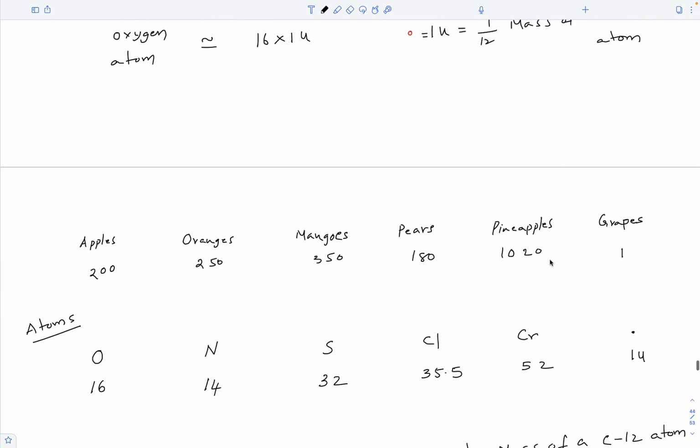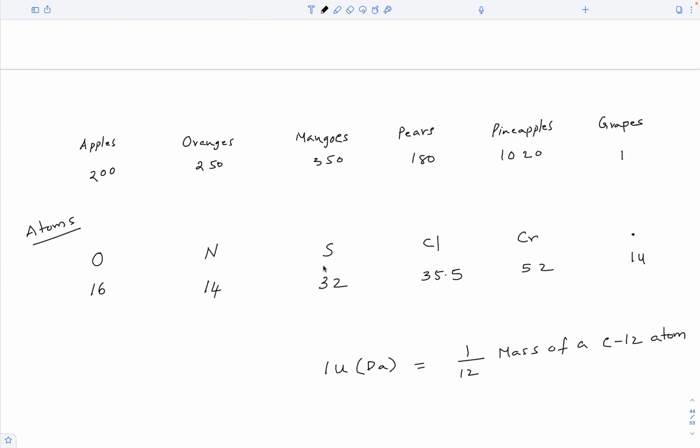We have different elements like oxygen, nitrogen, sulfur, chlorine, etc. just the way we have different types of fruits. And atoms of a given element are all identical, just the way we imagined that fruits of a given type are all identical. But you may say atoms of a given element are not actually identical if it has multiple naturally occurring isotopes. That is true.